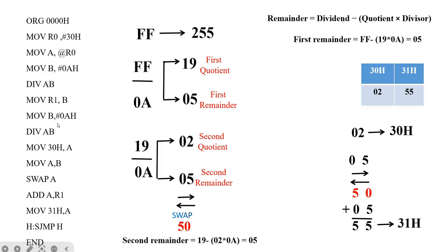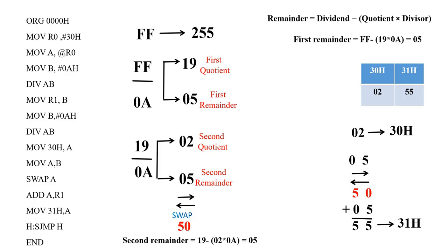We will write MOV B, #0Ah. After that we'll perform the second division. After performing it, the accumulator will have 02, the second quotient, and the B register will have 05.